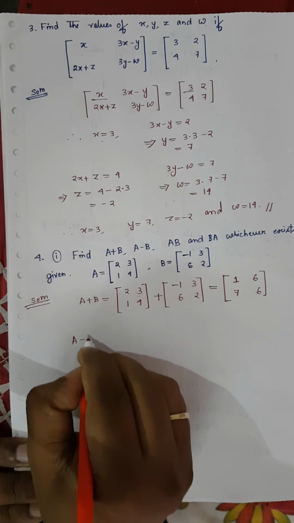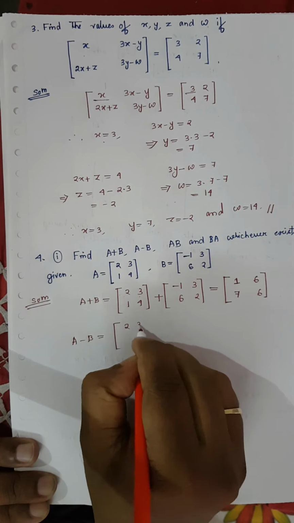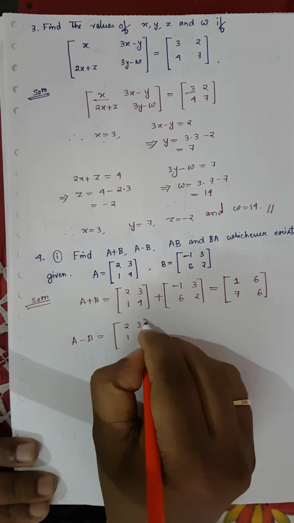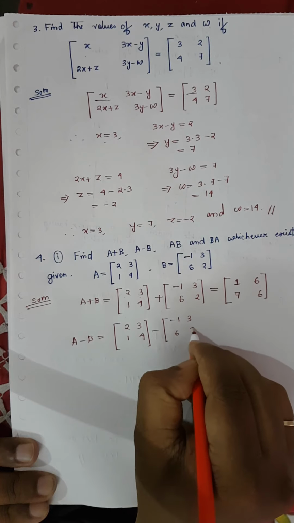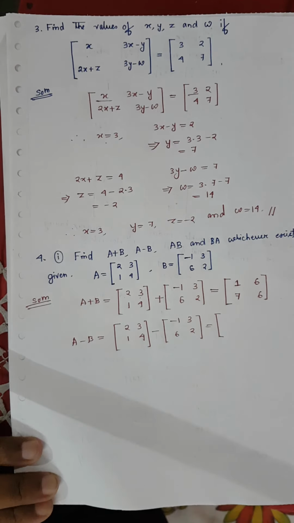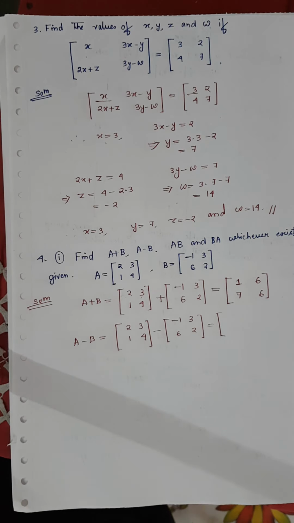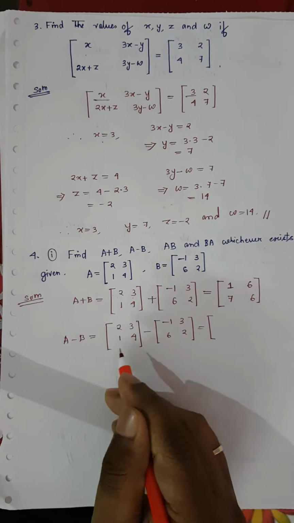Now find out the subtraction of A minus B. So 2 3 1 4 subtract minus 1 3 6 2. Again, when I subtract two matrices, it takes place among the corresponding elements. Now the corresponding elements are 2 and minus 1.